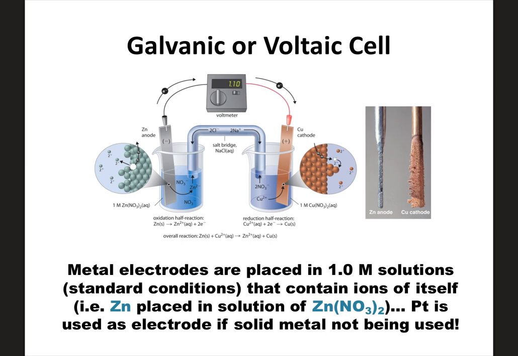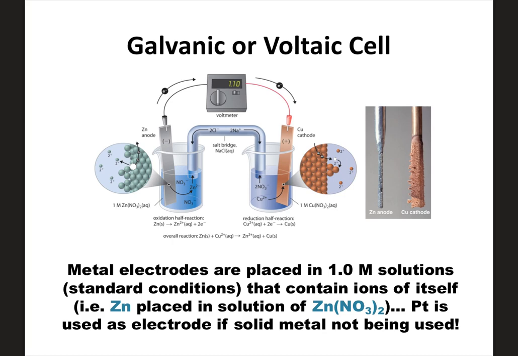And when we are drawing these voltaic cells, we need to actually label this and show it and understand it has to be a 1 molar solution. And you can't have it empty. It has to be in a solution on each side. So that's very important. Realize here, you might see platinum or graphite used as one of the electrodes if we're not having a solid metal involved.